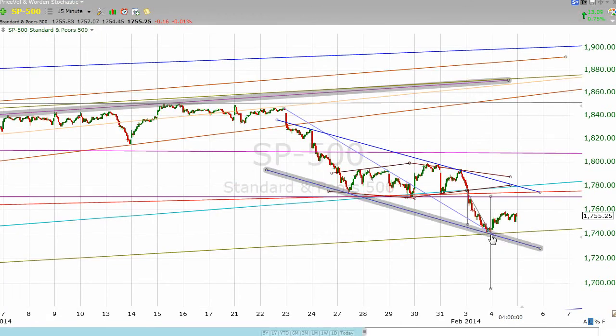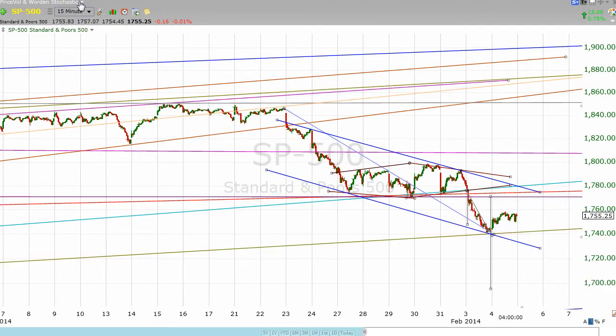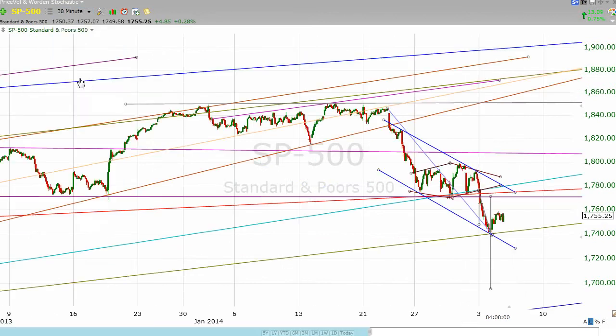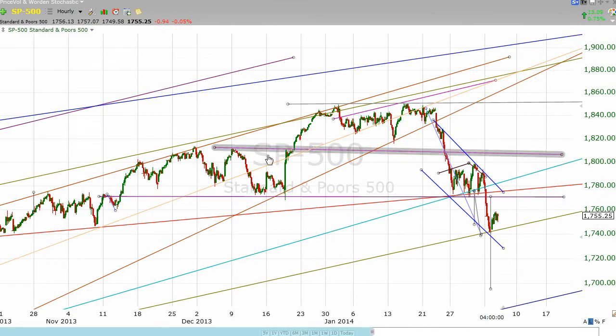Well, there it is. Now the question becomes, does that mean we are going to firm up and overcome what appears to be potentially some selling pressure built up in a head and shoulders top that has this little short shoulder?